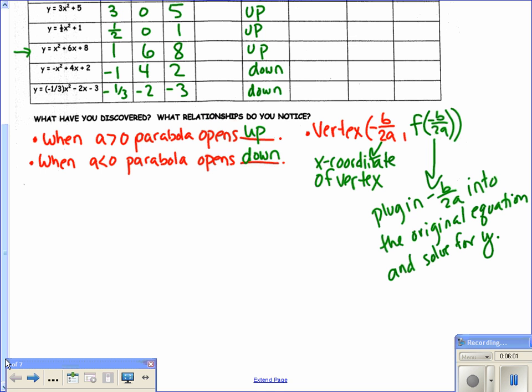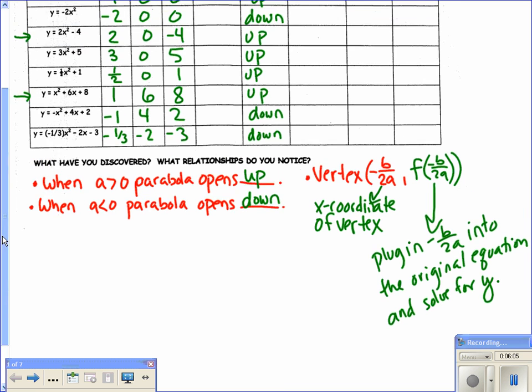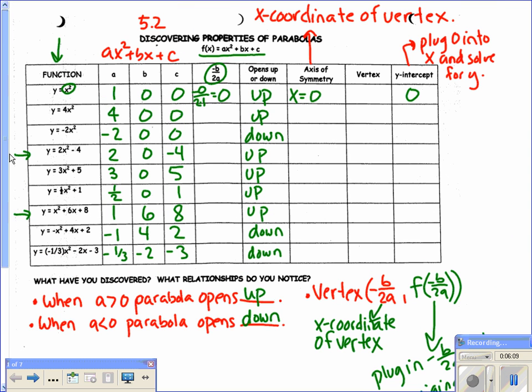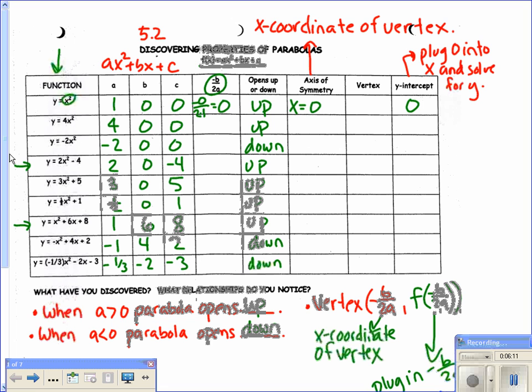So that's how you find the y-coordinate of your vertex. So if we go back up here, if I plug 0 into my equation again, which I've already done, 0 squared is 0, so I know that my vertex is at the ordered pair 0, comma 0.